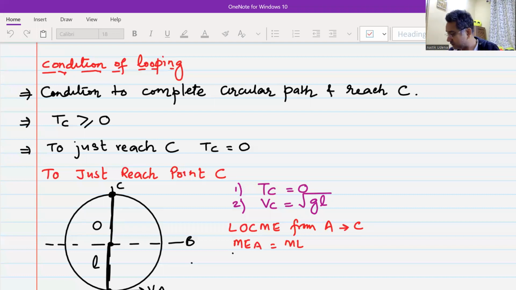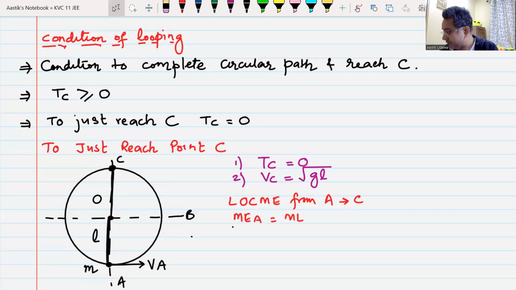If you remember it, well done. If only conservative forces are present. If you don't remember it, no matter. I don't expect that you would remember it.